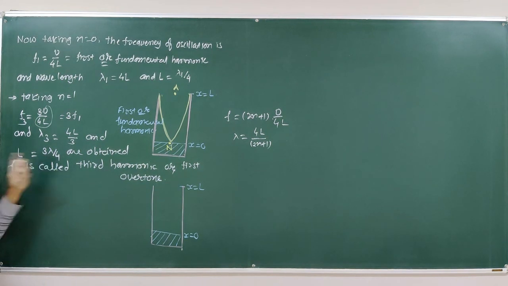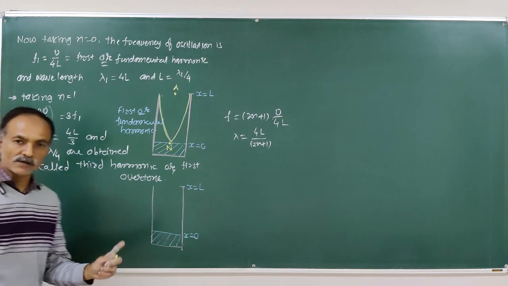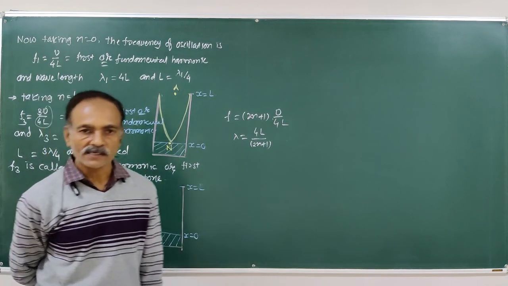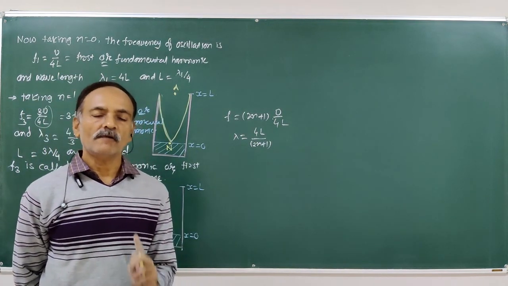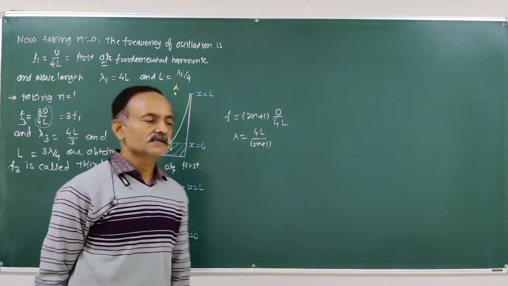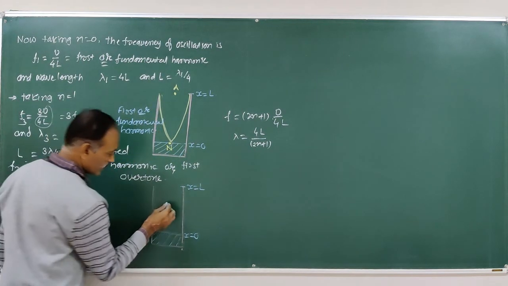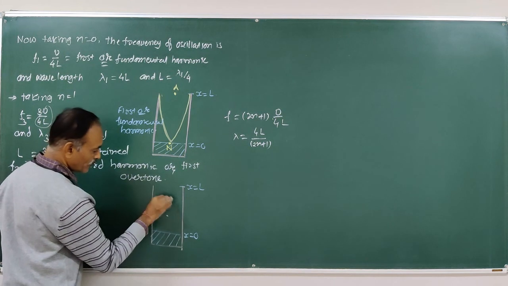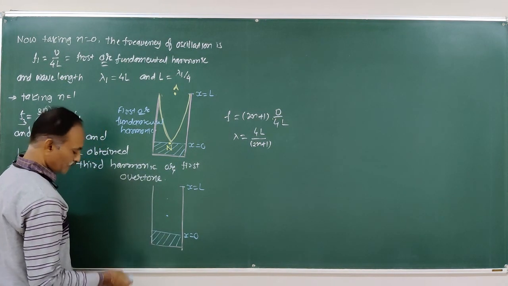It means out of the 4 parts, 3 parts of the wavelength are produced: 1, 2, and 3.